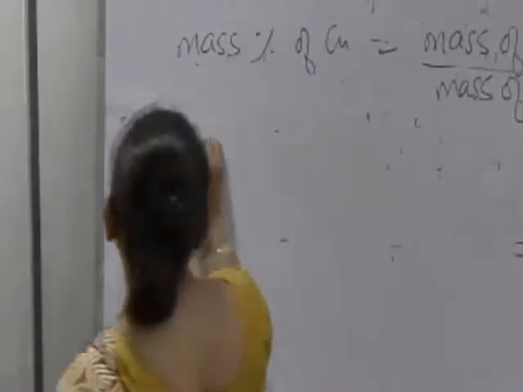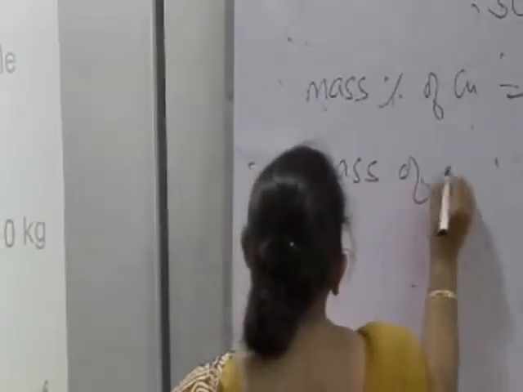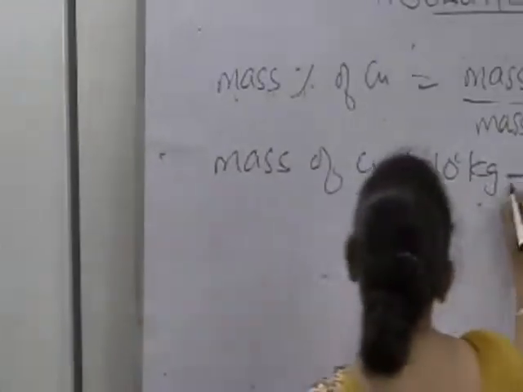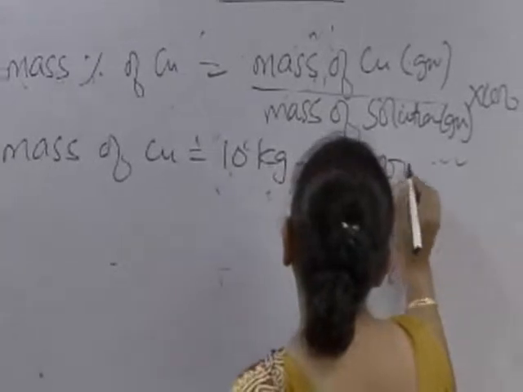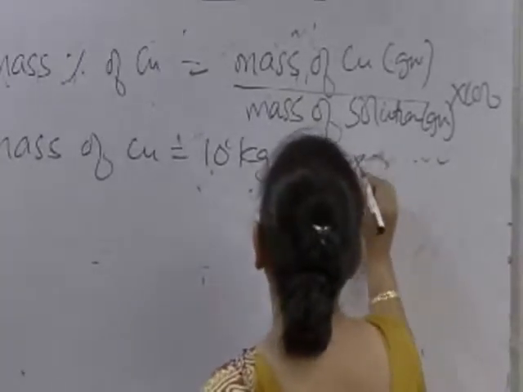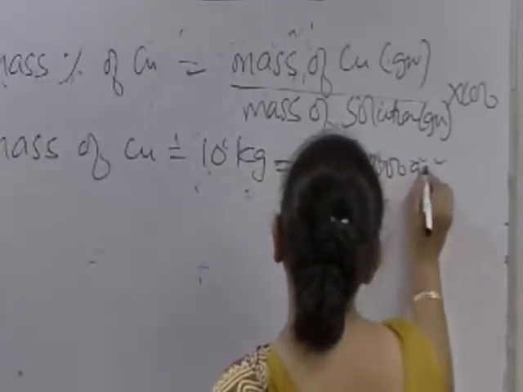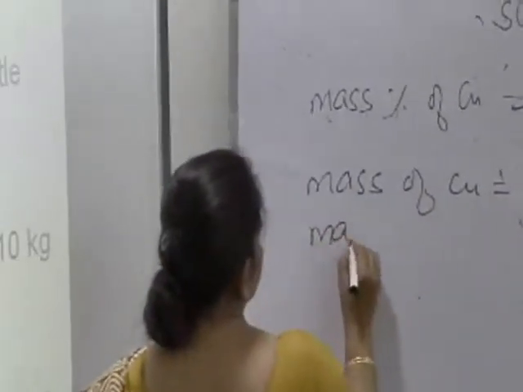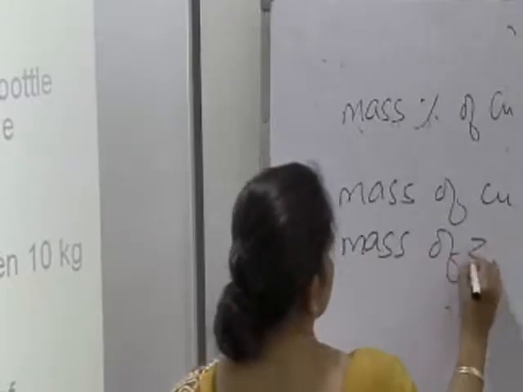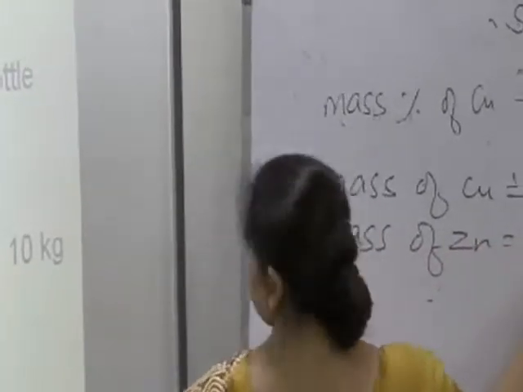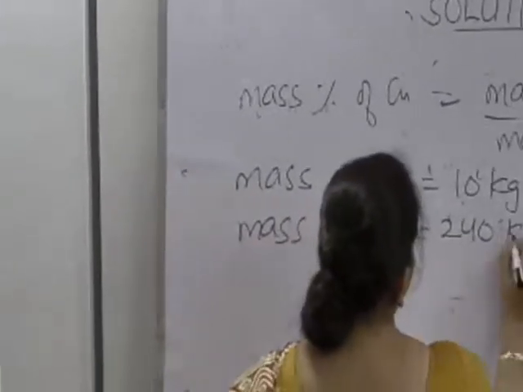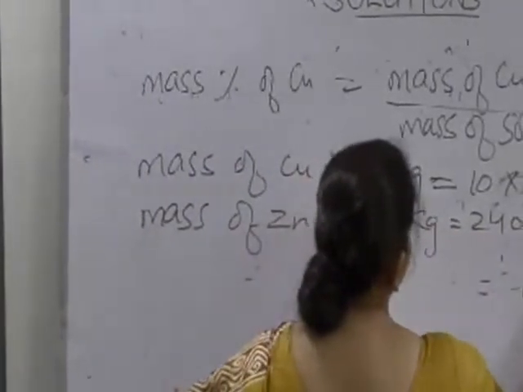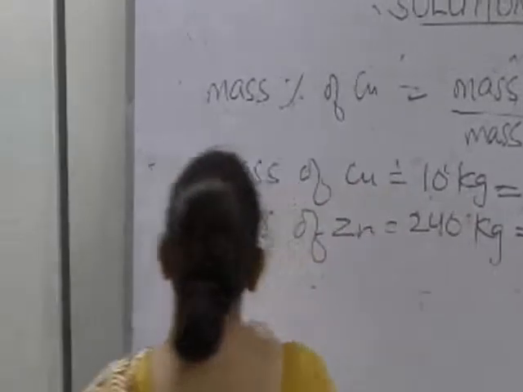So the mass of copper is 10 kg, which is equal to 10 into 1000 grams. The mass of zinc is 240 kg, which is equal to 240 into 1000 grams.